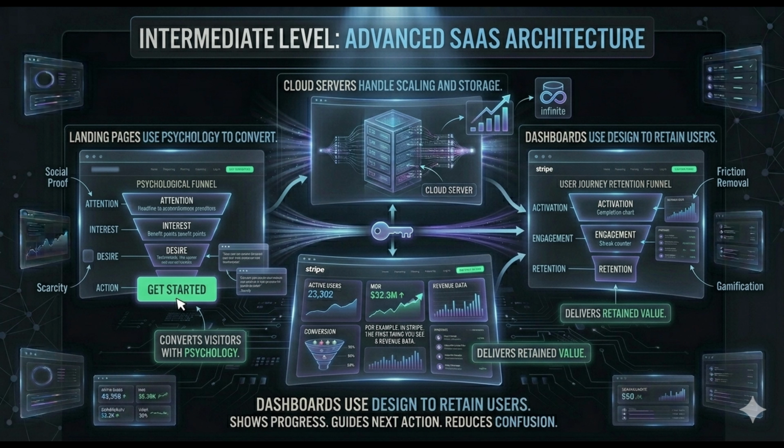If you are at the advanced level, how do you have to think? SaaS is a system made of three engines: infrastructure engine for servers, acquisition engine for landing pages, retention engine for dashboards. When all three work together, growth becomes predictable.